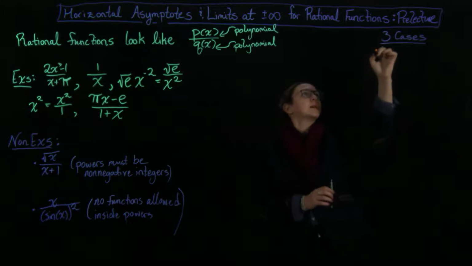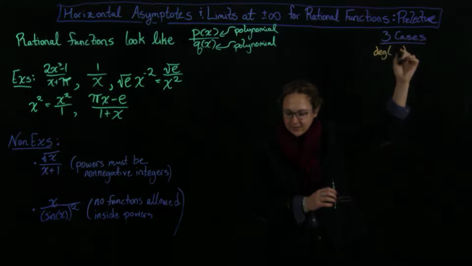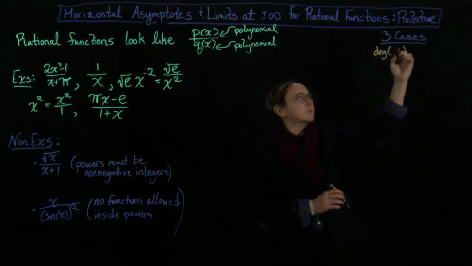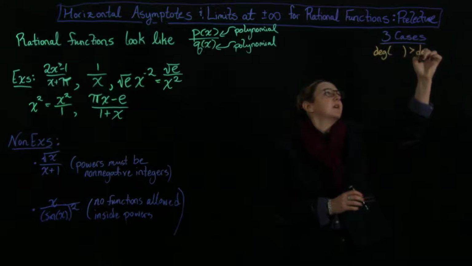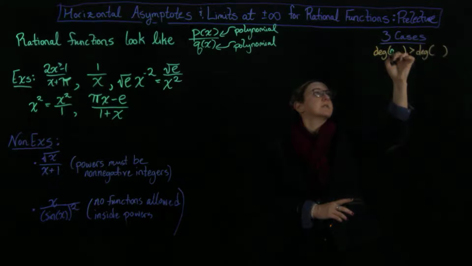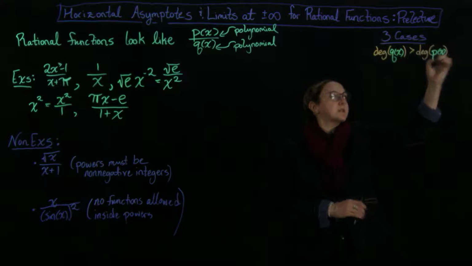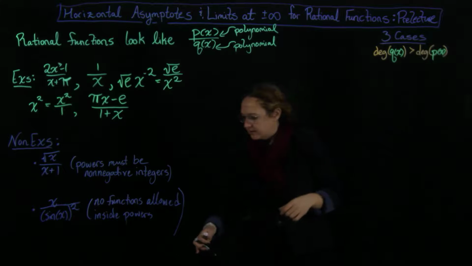The degree of the bottom, Q of x, is greater than the degree of the top, P of x. This is case 1.